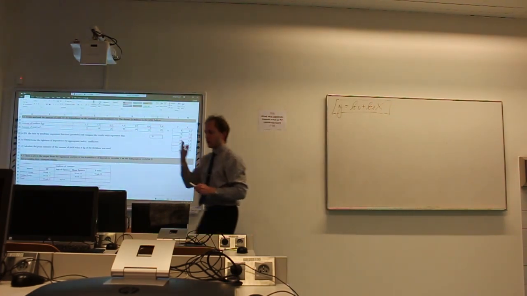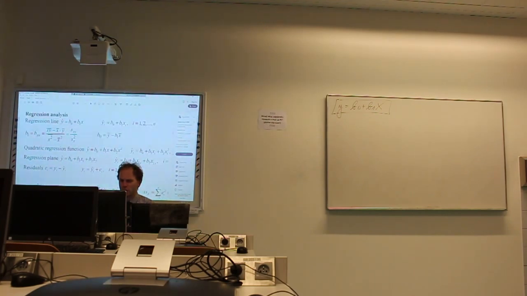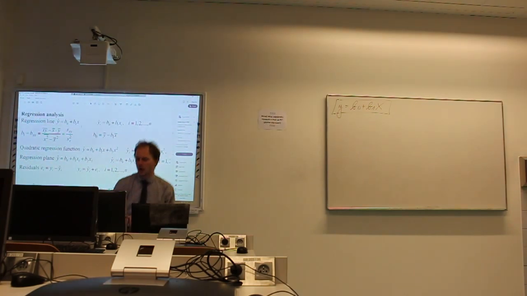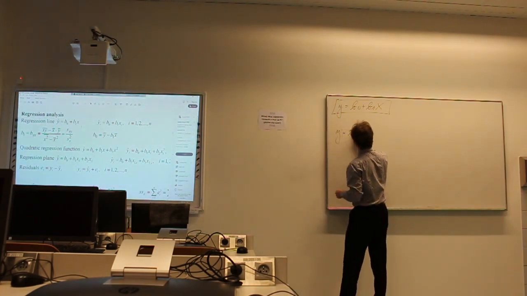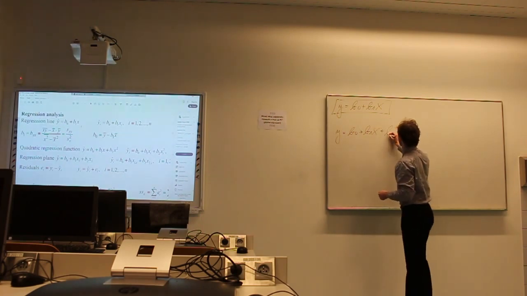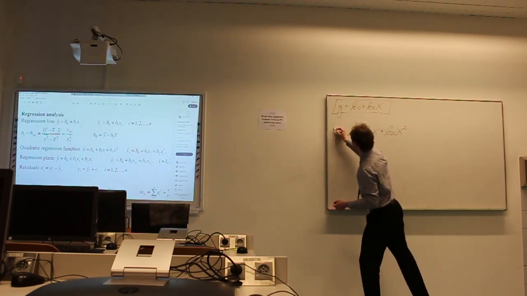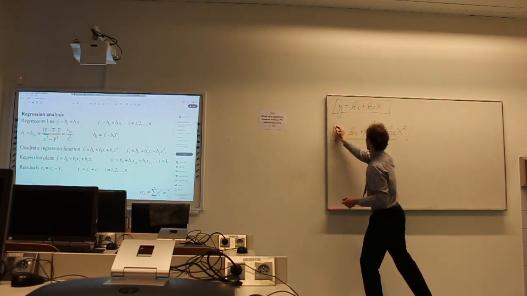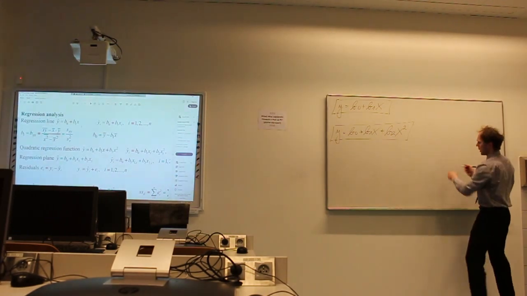If we check the formulas, the quadratic regression function, y is equal to b0 plus b1x plus b2x squared. So this is quadratic regression function, regression parabola.